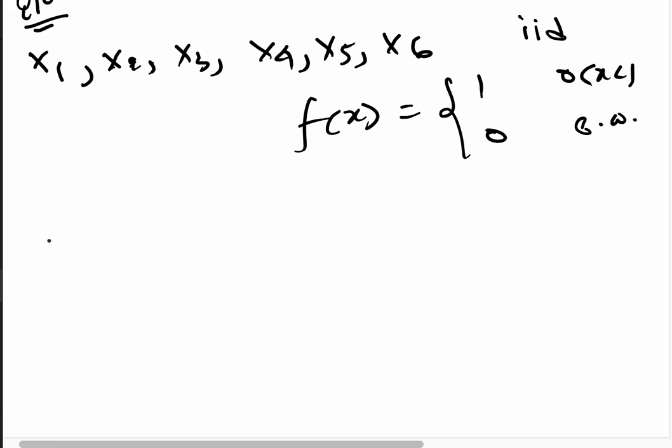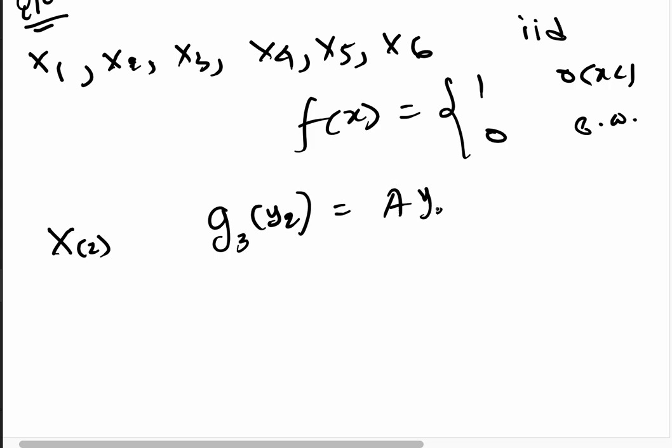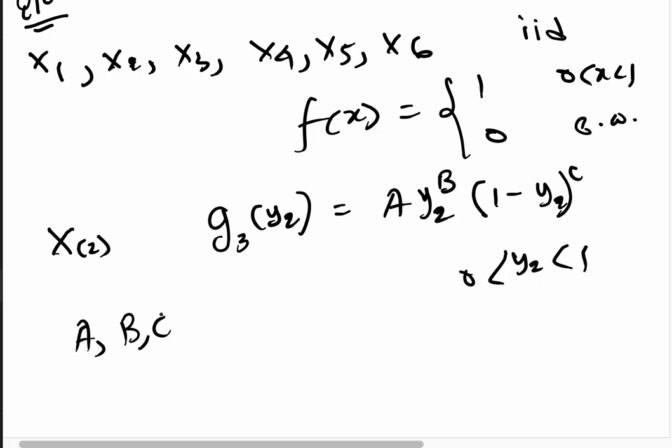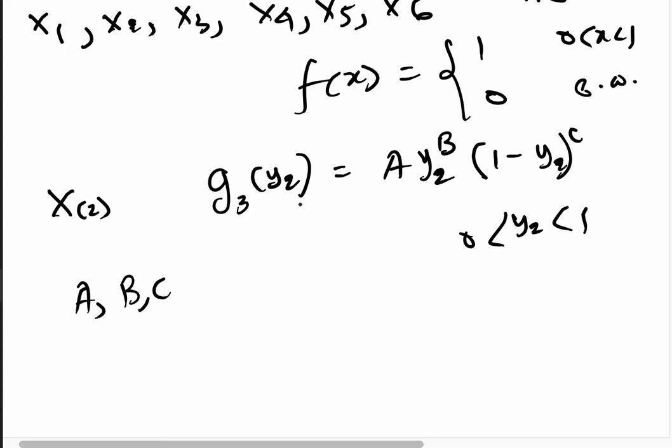Suppose the PDF of y2, the order statistic of 2, is g of y2 equal to a y2 to the power b times 1 minus y2 to the power c, where y2 is between 0 to 1. We have to find a, b, c. That means we have to find the distribution of y2.